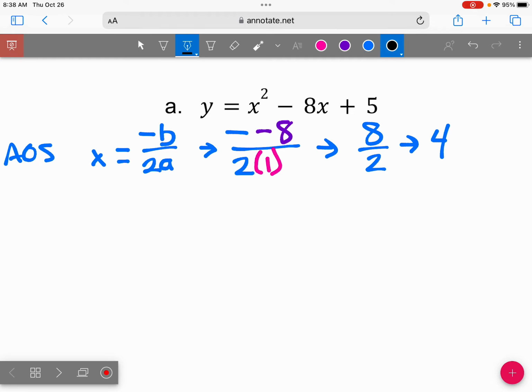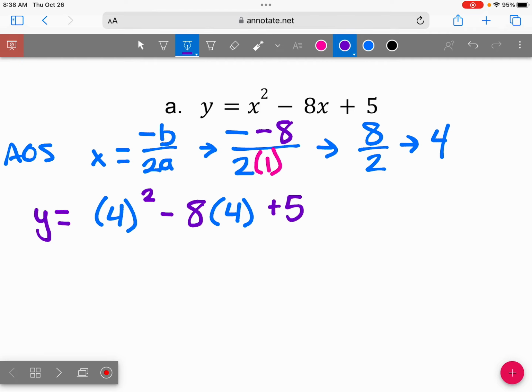To get the y value for my vertex, we're going to take our equation. Y equals, and we're going to substitute in 4 squared minus 8 times 4 plus 5.